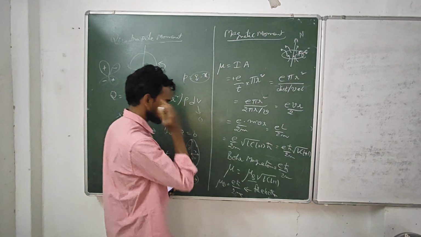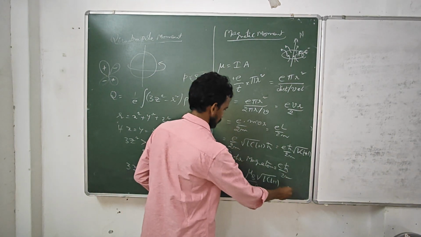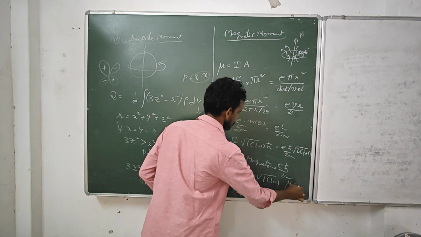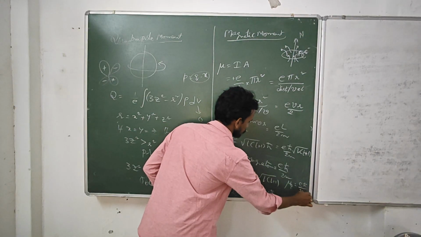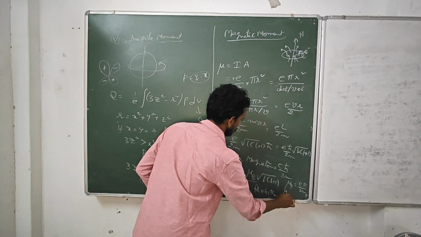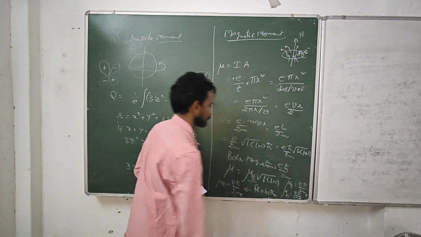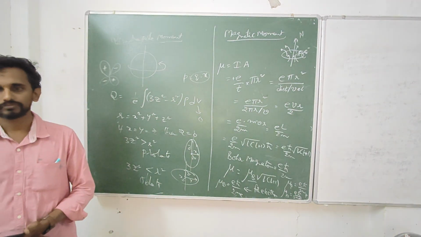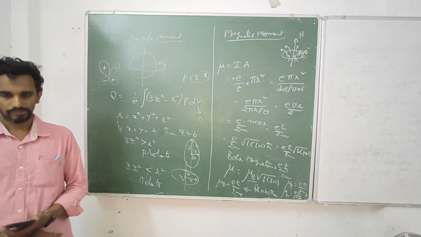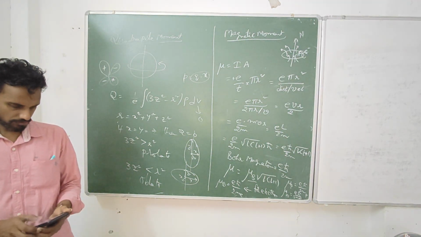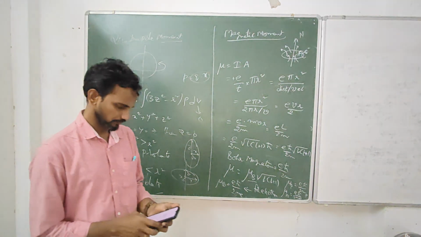And for proton and neutron we have different concepts, like mu for proton is e h bar by 2 times mass of proton, and for neutron it is e h bar by 2 times mass of neutron.